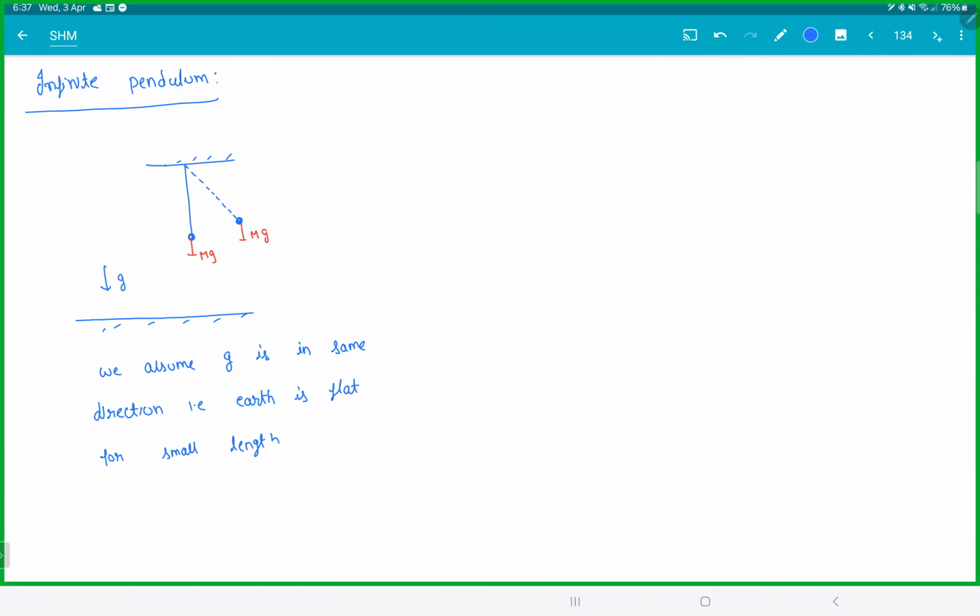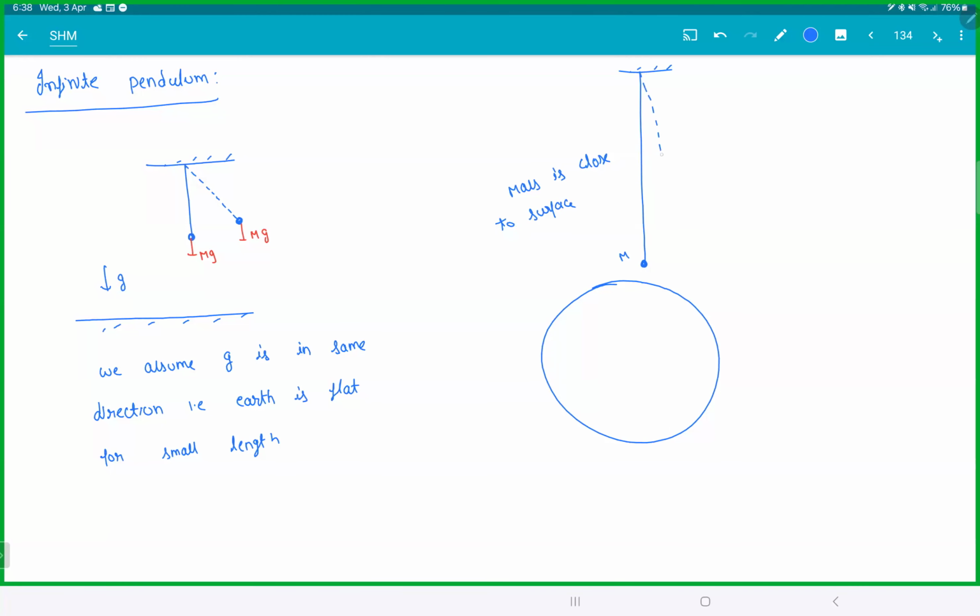But when you take a really long pendulum, the problem comes. If this was your planet, and let's say it's a long pendulum, meaning it is pretty close to the Earth, but the length is pretty long. The gravity is still constant only. Mass is close to the surface, but the pendulum is pretty long.